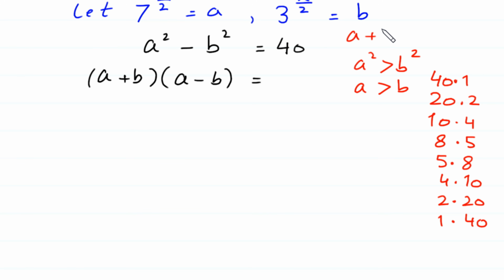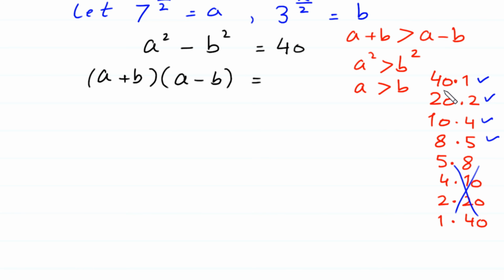A plus b is greater than a minus b. So from here we have 4 cases where the first factor is greater than the second. Here 40 is greater than 1, 20 is greater than 2, 10 is greater than 4 and 8 is greater than 5. So these 4 cases will be rejected.